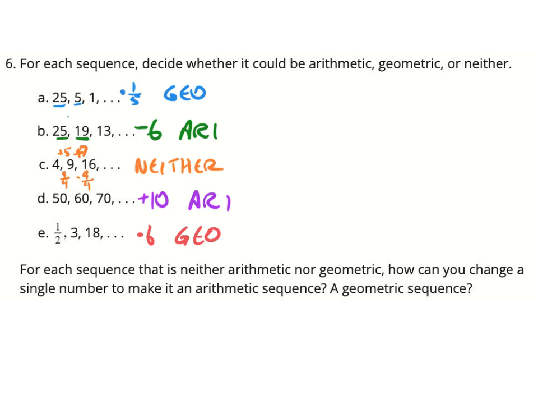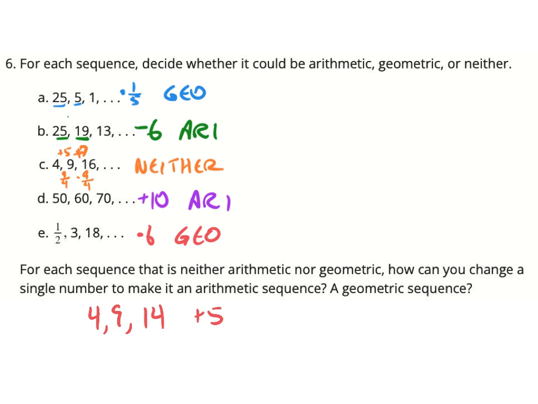For each sequence that is neither arithmetic nor geometric, how can you change a single number to make it arithmetic? Well, if I go from 4 to 9 to 14, I'm adding 5.